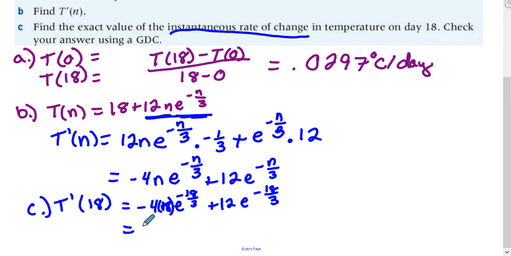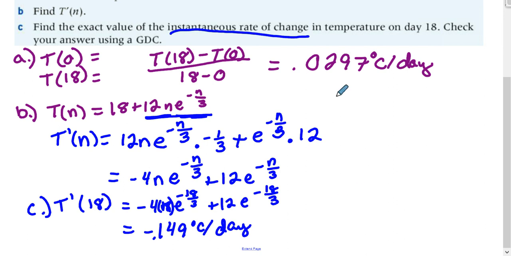When you type that into your calculator, instantaneous rate of change is negative 0.149 degrees Celsius per day. So at 18 days, it is going down. The temperature is going down by 1.49 degrees Celsius per day.